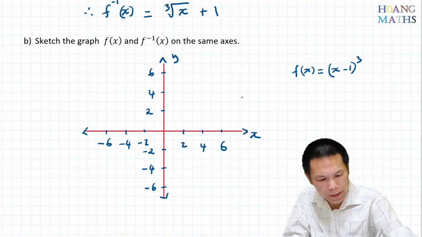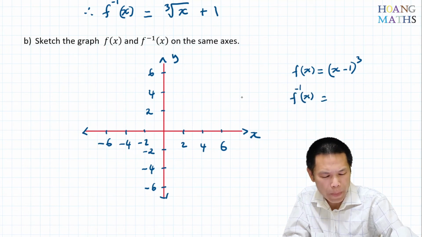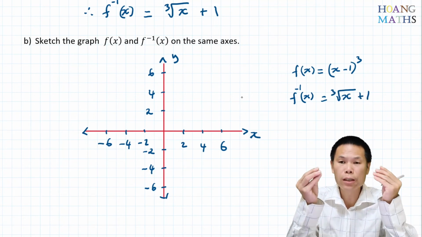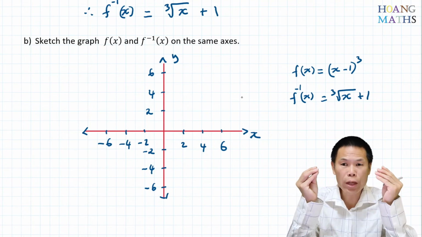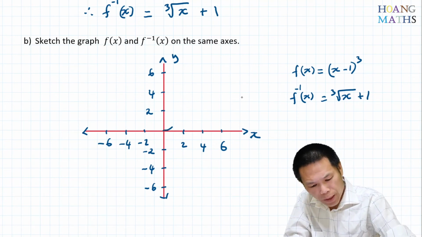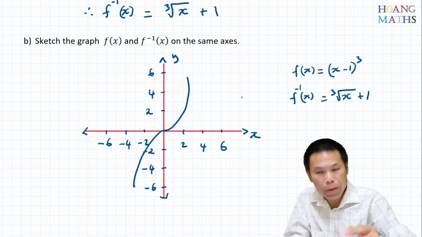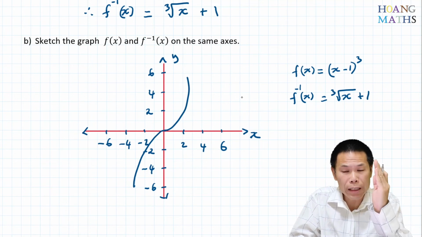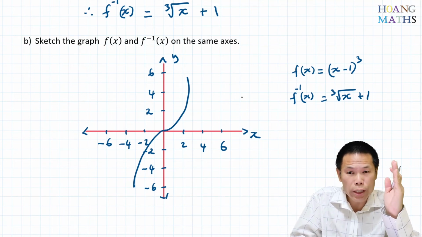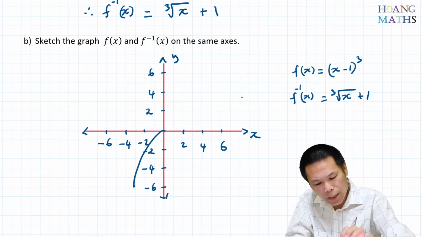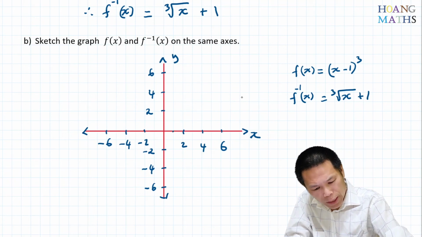And the inverse is f inverse of x is equal to cube root of x plus 1. So let's sketch the function first. So we know that x to the power 3 is like this. But then inside the bracket, minus 1, it moves horizontally 1 unit to the right. So therefore, the point of inflection is here now.